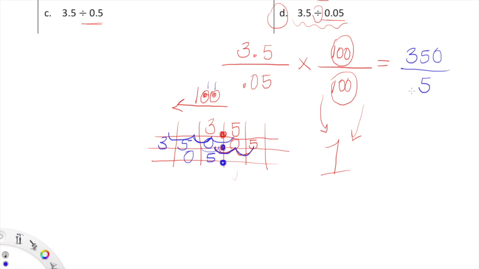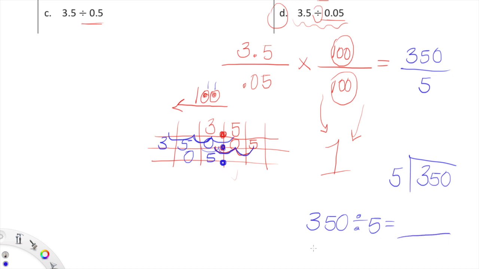Let's think about how we can go ahead and simplify this in a few different ways. We can use long division, 350 divided by 5, or we can use some algebra. We can think, 350 divided by 5 equals some number, which can also look like 5 times some number equals 350.